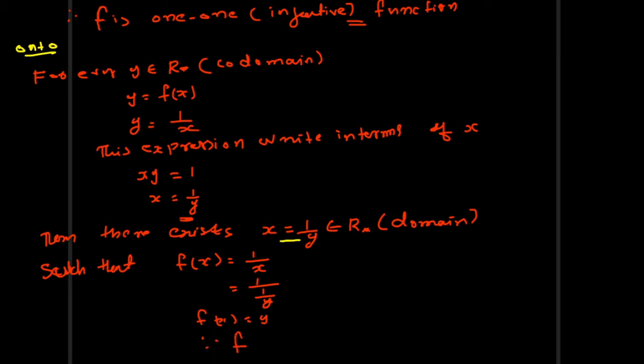Therefore f is onto, or a surjective function. So f is one-one and onto also. Clear?